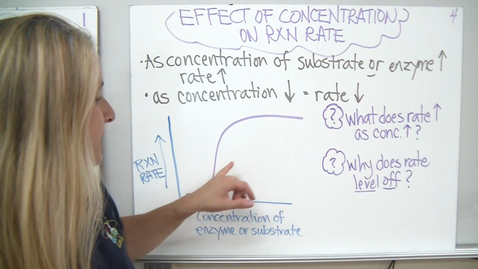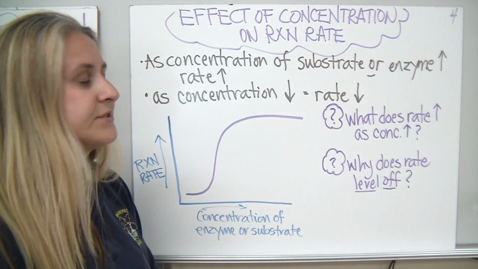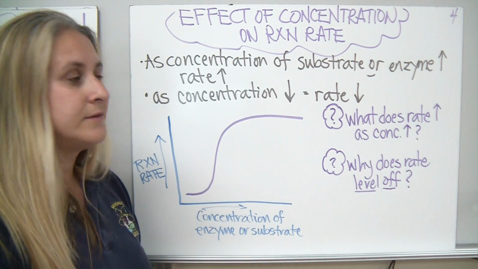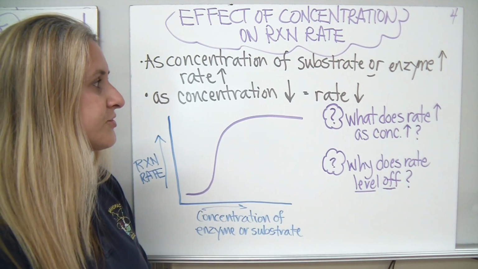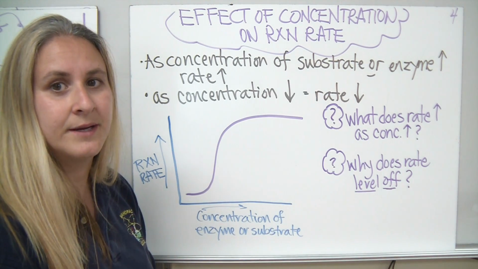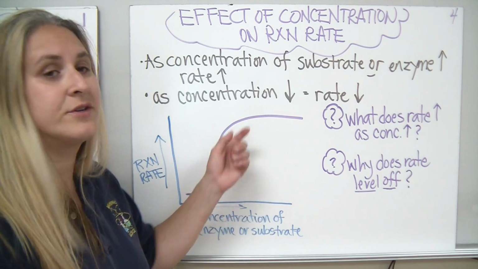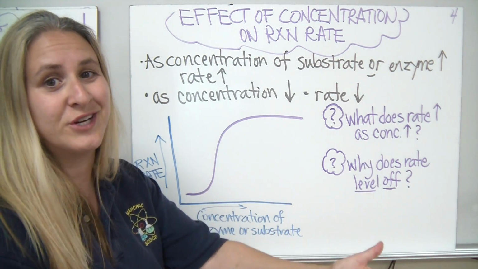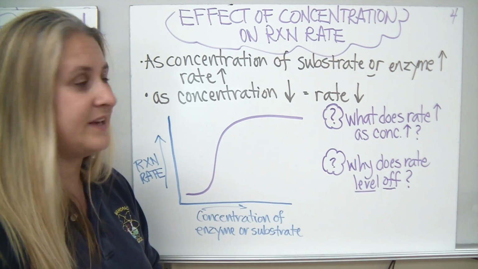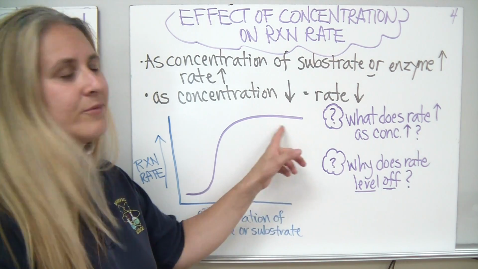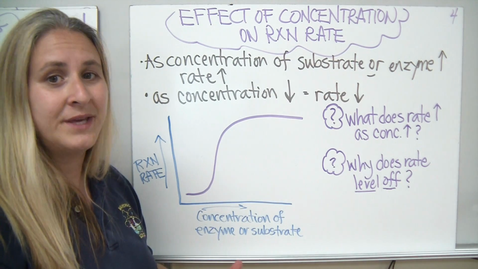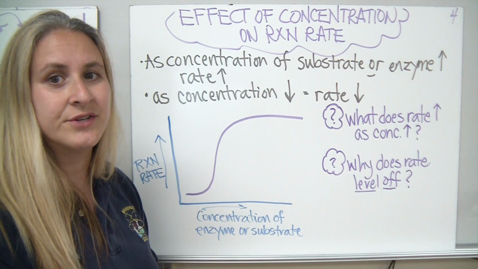Well, we already said that the rate increases as the concentration increases. It can be the concentration of the substrate or the concentration of the enzyme. The reason is there's more enzyme or more substrate to react, so it can react faster. But why does that rate eventually level off? Well, we have some things called limiting factors.